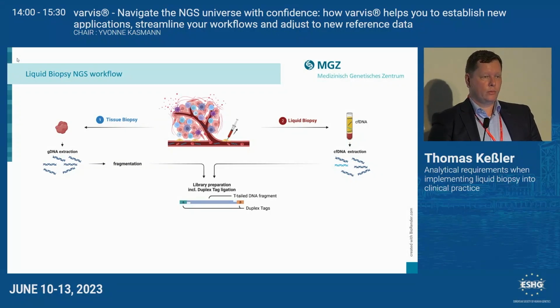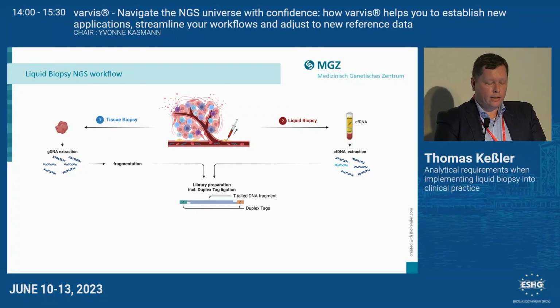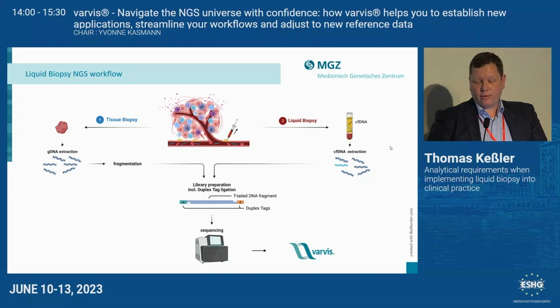And then we would use a so-called duplex approach where you ligate certain adapters to the DNA and amplify it so that you get a very high coverage of the ctDNA and highly specific information on the variants that you may detect in the liquid biopsy. So you would do the sequencing, and what we are using then is VARVIS as a pipeline for the bioinformatics to detect the variants and to call the variants.